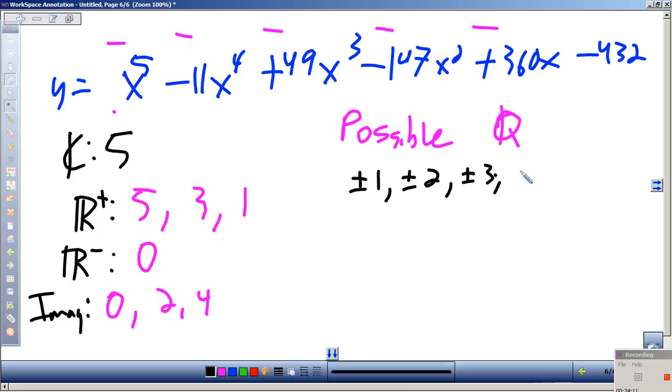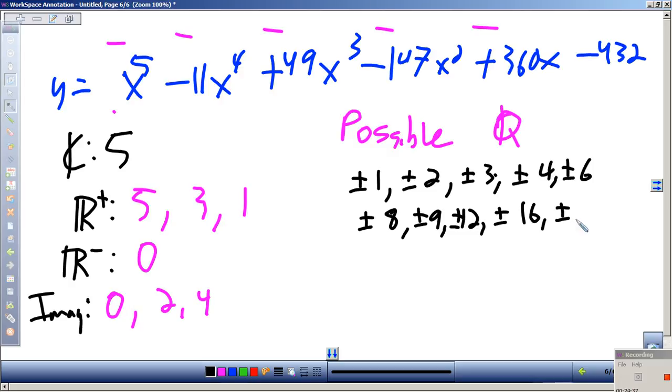Okay, so 3, plus or minus 4 goes into it. 5? 6 goes, 7, 8, 9, 10, 12, 14, 15, 16, 17? 18 does. 19, no. 20, no. 21? 24?